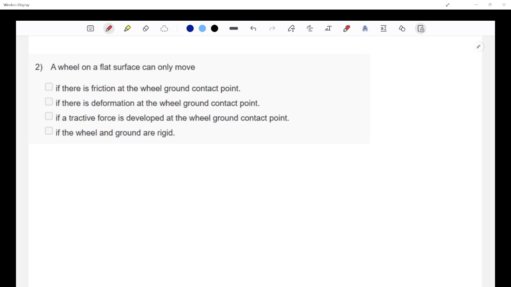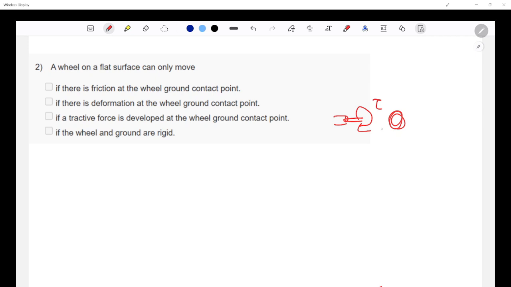Okay. So, a wheel on a flat surface can move only if there is friction at the wheel point contact, all of these are the options here. So, how does a wheel actually move forward? Motor applies the torque, right? Then the wheel tries to rotate, but rotation is not enough to move forward.